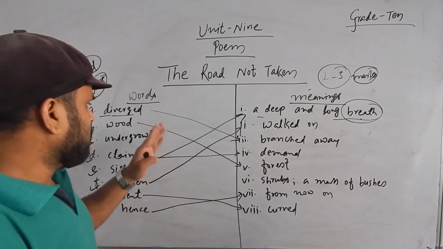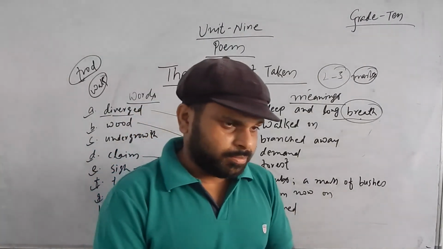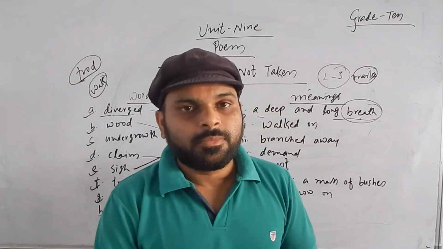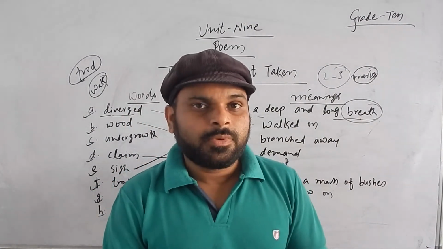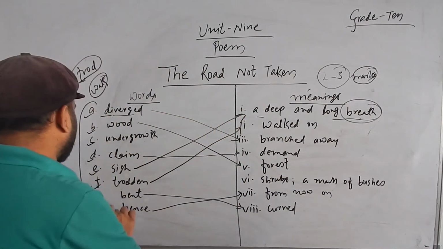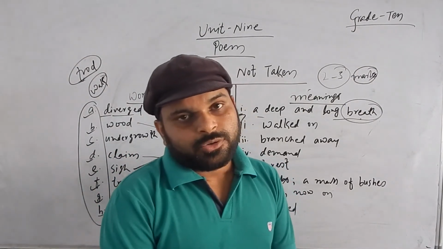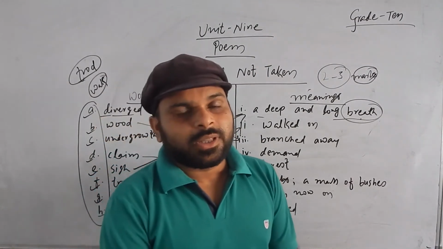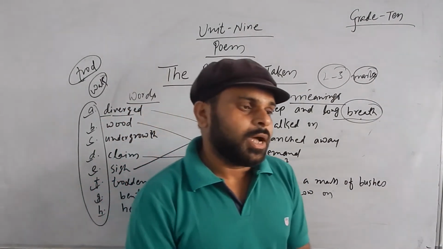In the examination, you will not be asked most of the time like this to match, but you will be asked directly the meaning, 2 or 3, maximum 4 of marks, 0.5 each. So in this way, if you have at least ideas of 2 to 3 words, you will be easily doing the rest of the exercises. So this is the technique.